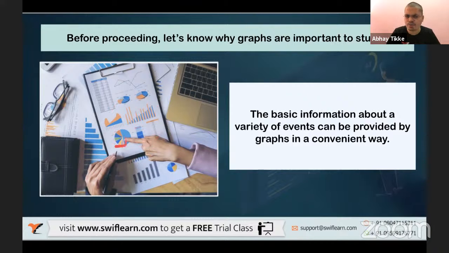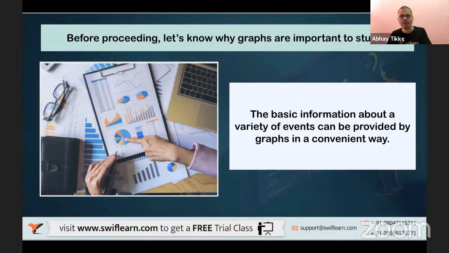There are various types of graphs. They are represented in the form of a circle, in the form of an XY chart, in the form of a disk, and so on and so forth, right? So much information given in tabular form can be represented with the help of these graphs. Graph के द्वारा हम बहुत सारी information represent कर सकते हैं. That's why graphs are very important. And not only for one parameter.